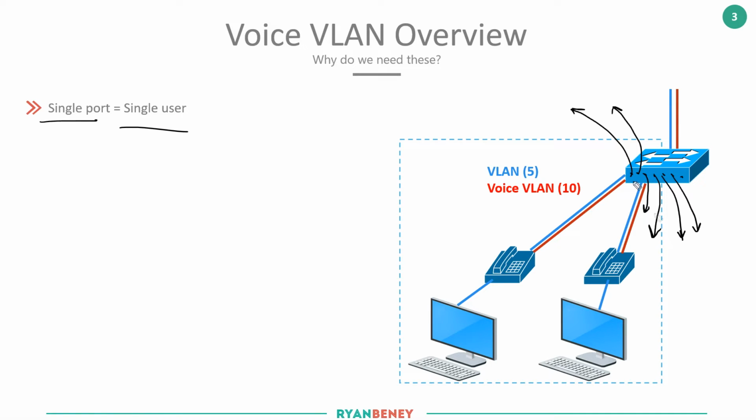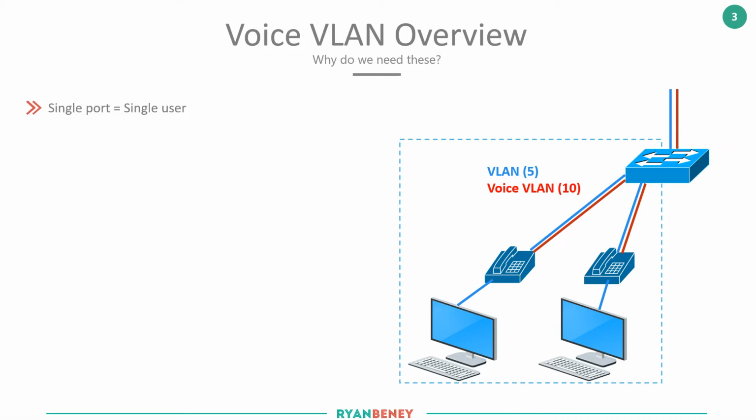As you can see, if this was a 24 port switch, all of a sudden half those ports are being consumed by telephones. That's not going to be great, because we're going to have to use more physical switches across the network to accommodate everyone's needs.